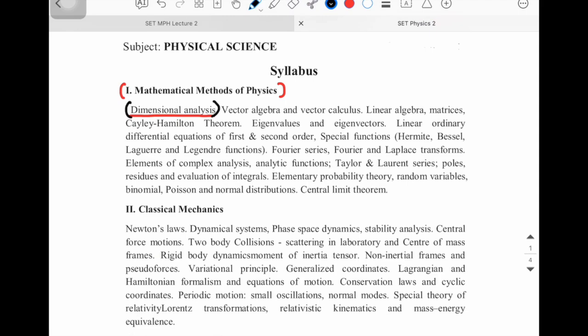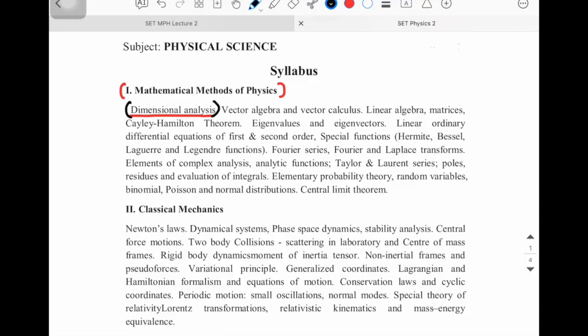Totally, there are around 10 questions from mathematical physics. The minimum number of questions is 8 and the maximum goes up to 12. So the average from mathematical physics is 8, and you can expect 1 or 2 questions from dimensional analysis.